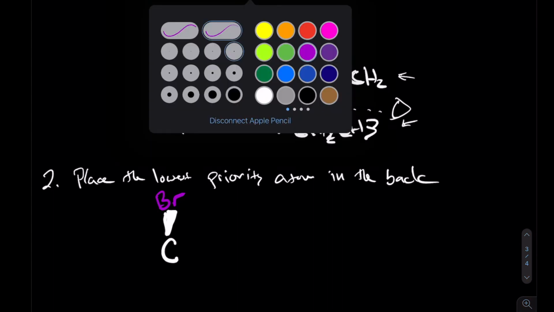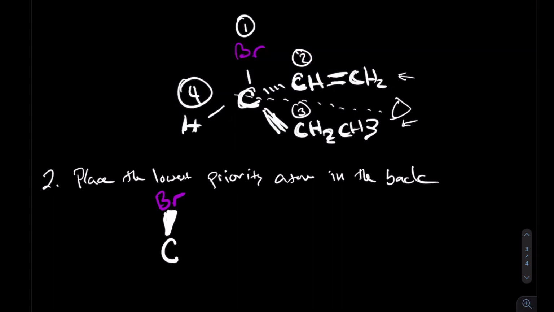And then we see that in order for this to work, substituent number 2 is going to be on this side, pointing out towards you. Substituent number 3 is going to be on this side, pointing out towards you. Okay? And so substituent 2 is CH double bond CH2, and this one is the ethane. Now there's another way to draw this, and that's sort of the opposite handedness, as though the mirror image.